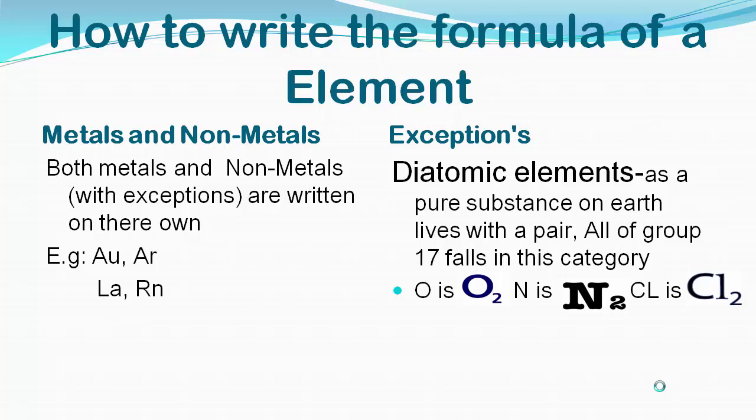But the exception to this rule is diatomic elements. Diatomic elements, as they exist on Earth, exist in pairs. So, if you look at the reference table, all of group 17 falls under that category. So F, Cl, Br, I, those all fall in the category. Also, N and O. So oxygen existing in the atmosphere is not each oxygen by itself.